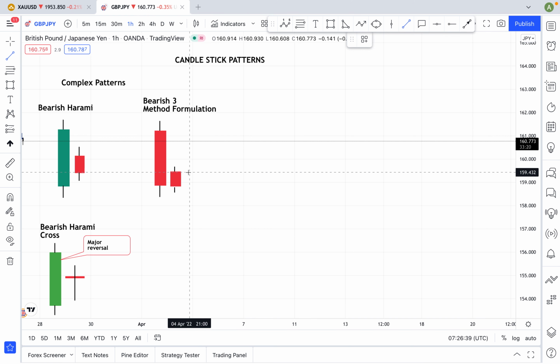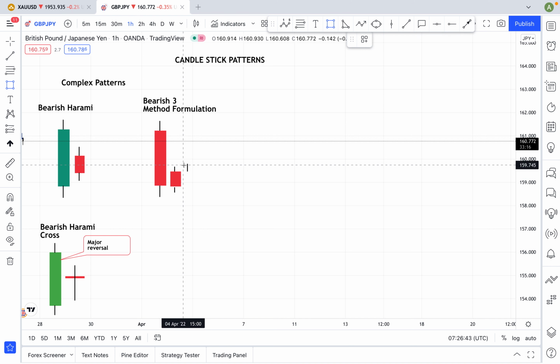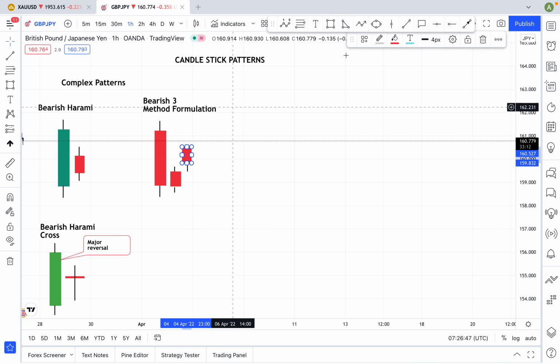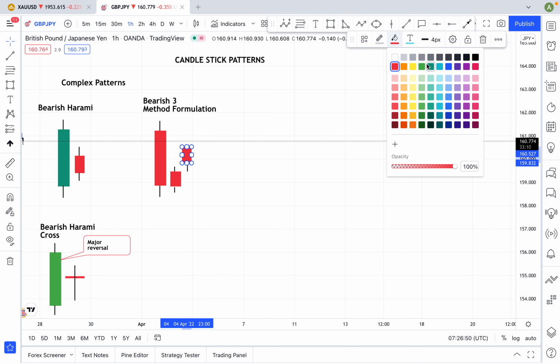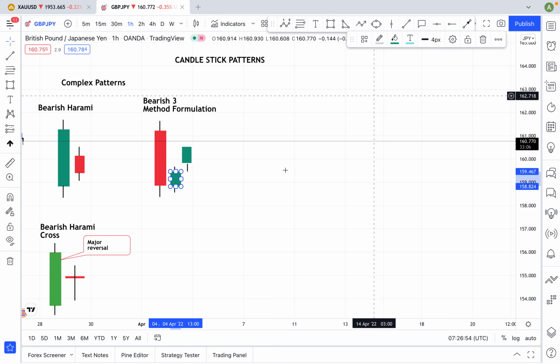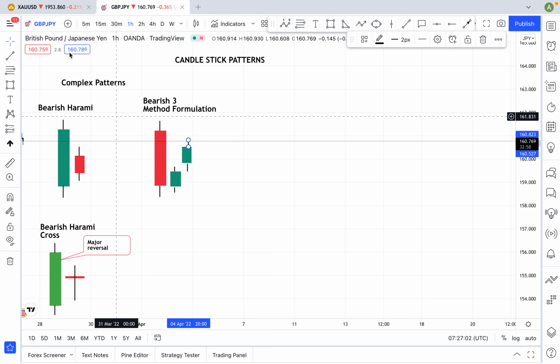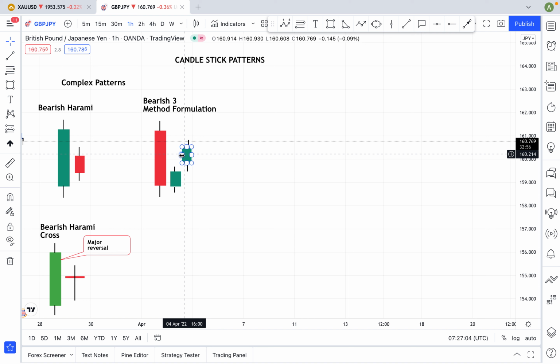I'm going to change some of this color because this is supposed to be a green candle. We should understand that a green candle goes up while the red goes down, based on the color you give it. But I'm very sure no one is going to give a selling candle green.